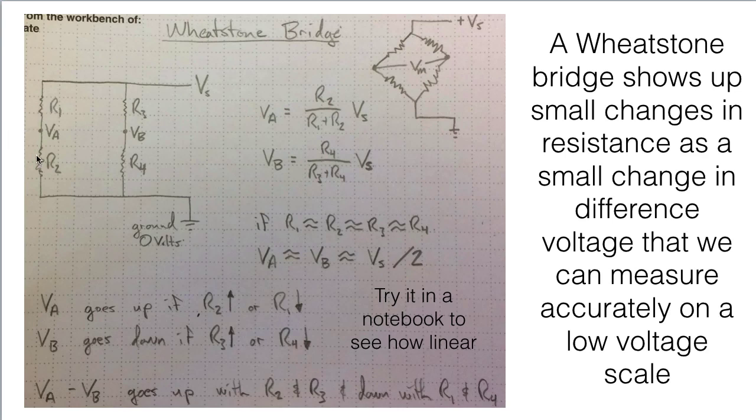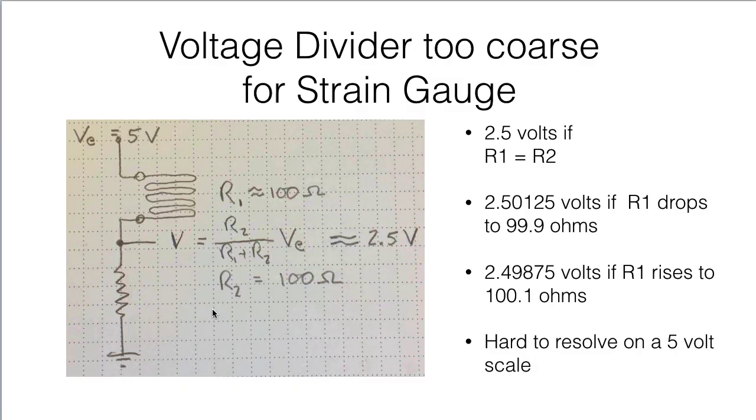However, if any of these resistances changes, even by a tiny bit, one of these voltages will change by a tiny bit, and we'll be able to measure that difference in between them. And we'll be able to measure that difference on a low voltage scale. So by taking the difference between VA and VB, we can get this 2.5 volt part to cancel out.